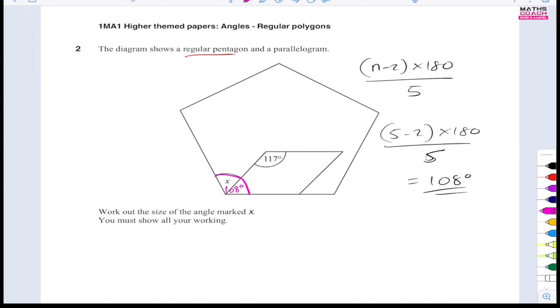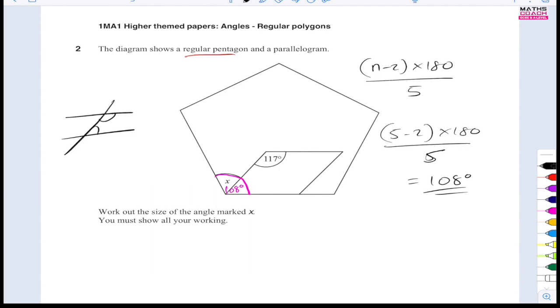Now, if we look at the parallelogram, what information do we know about the parallelogram? These two lines are parallel, so are these two, but we just focus on the top two for now. When we have a line that comes in like this, this angle here and this angle here form co-interior angles, which means they both add up to 180 degrees. This is the rule that you may be familiar with.